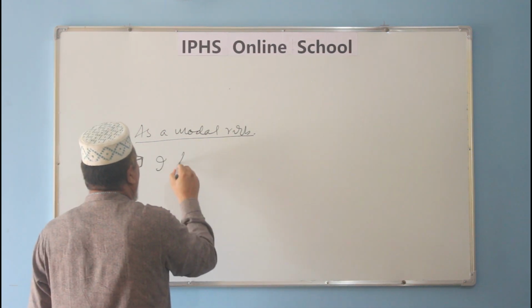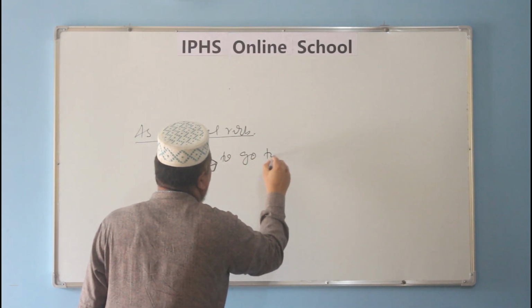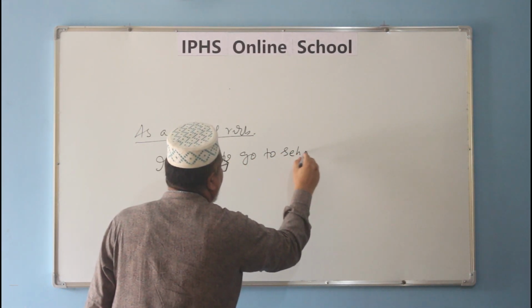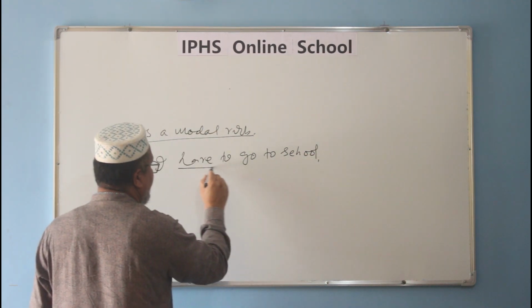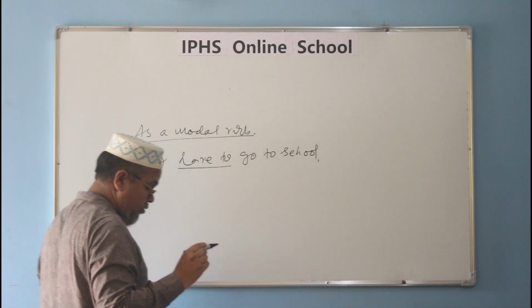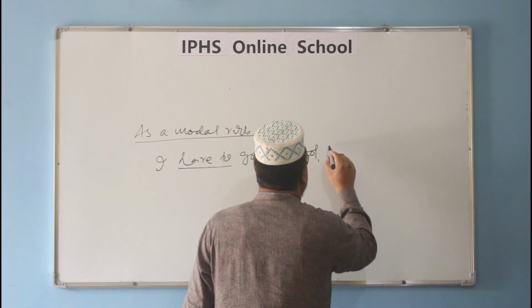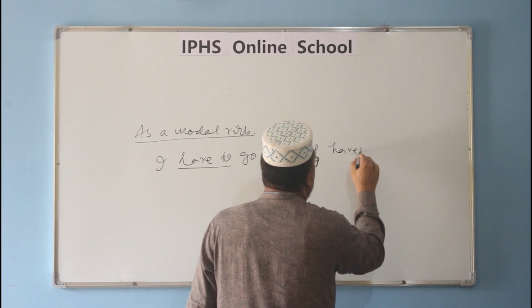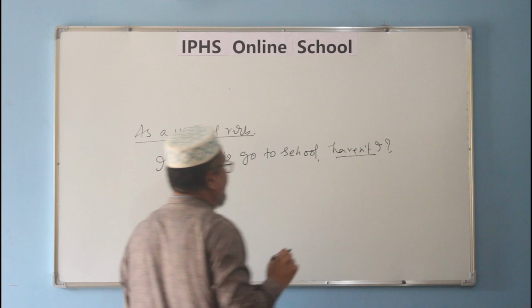Now, I have to go to school. In this sentence, have to is modal verb. Now we can write, haven't I?